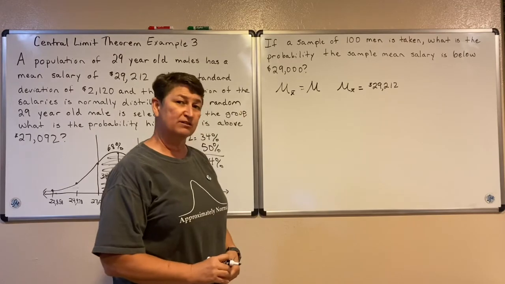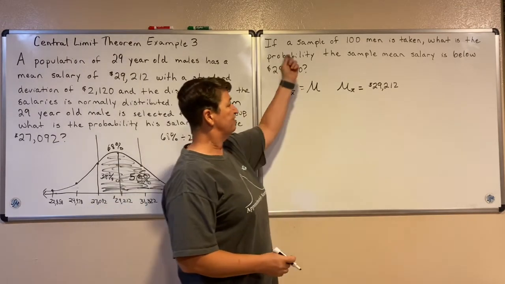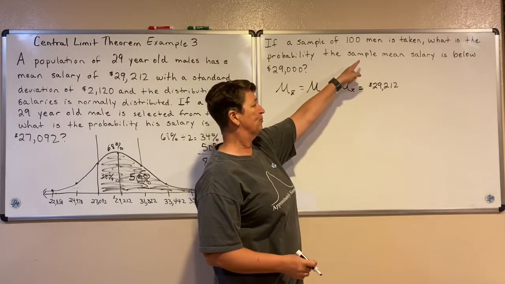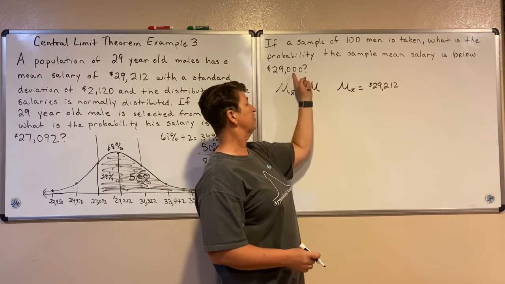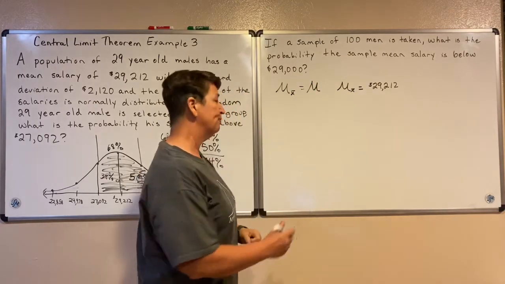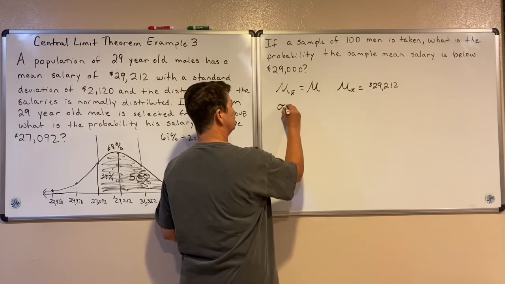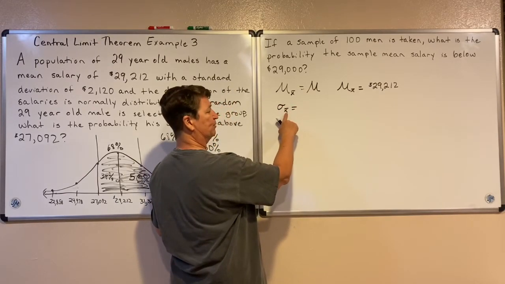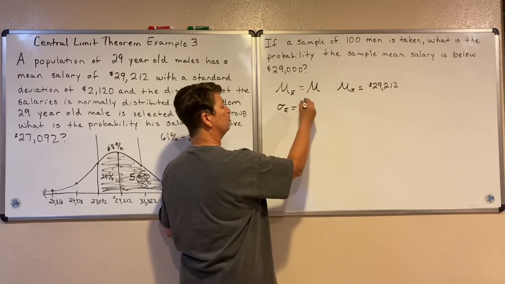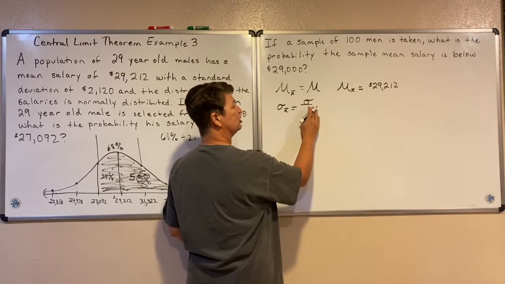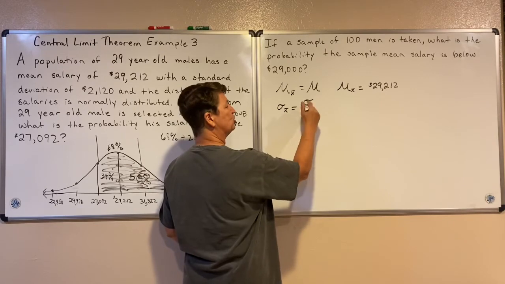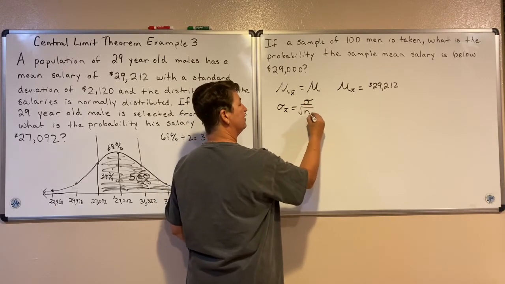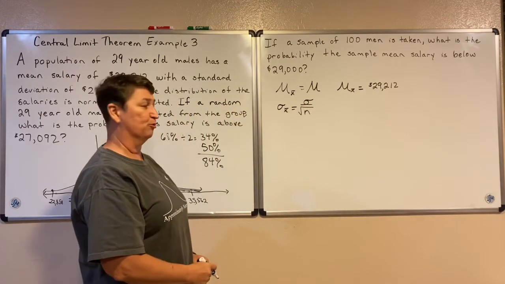Then we know, because of the central limit theorem, that the standard deviation of the sampling distribution of sample means is equal to the standard deviation of our population divided by the square root of the sample size.